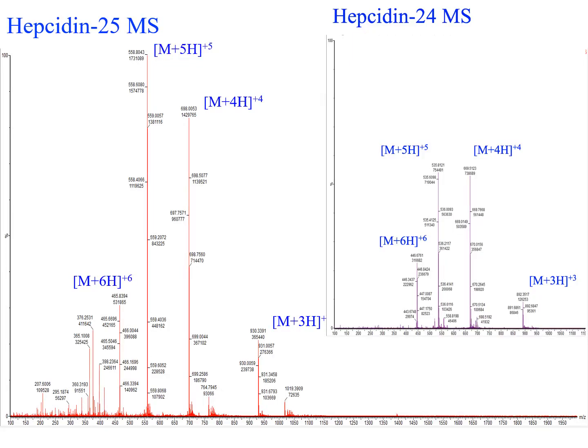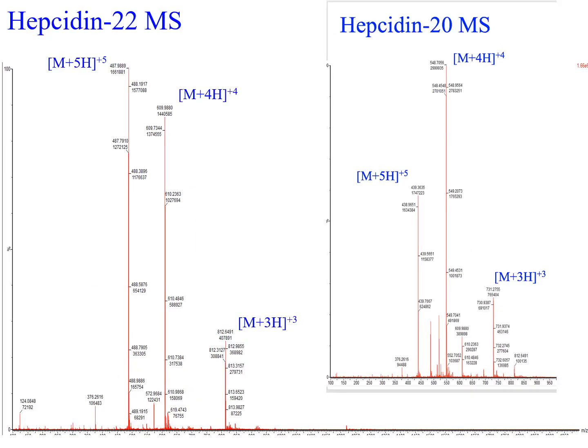This next slide shows that we can measure multiple charge states for Hepcidin 25 standards, Hepcidin 24 standards, and now that Hepcidin 22 and 20 standards are readily available, we see multiple charge states for those as well. Typically for the Hepcidin 22 and 20, we just see the +3, +4 and +5 charge states, but we see additional charge states with the Hepcidin 25 and Hepcidin 24.